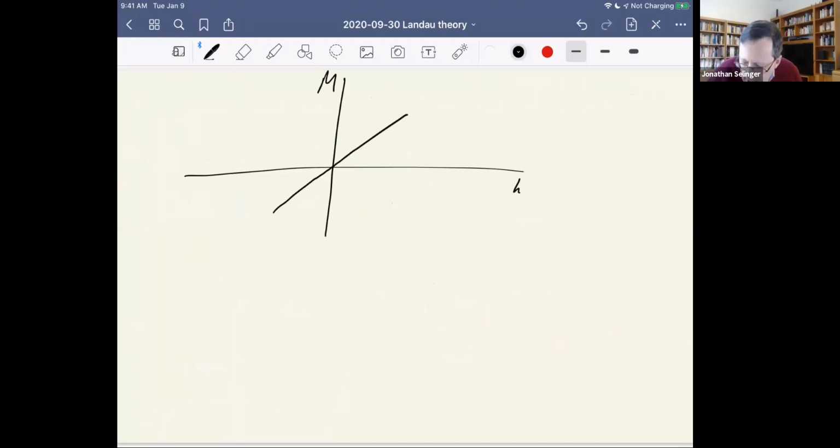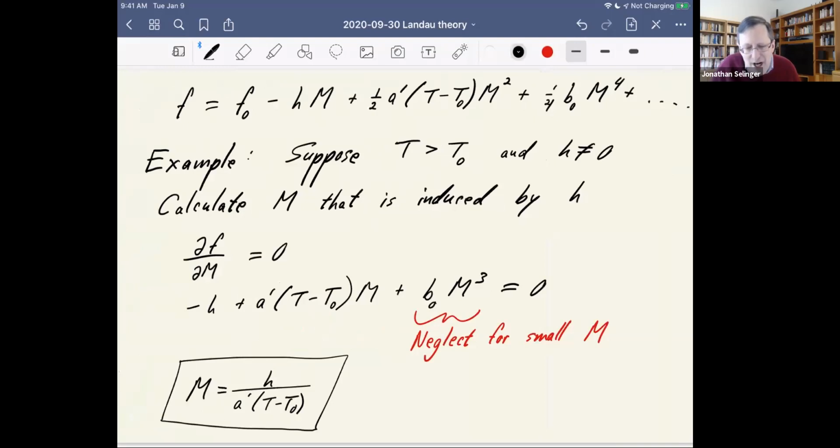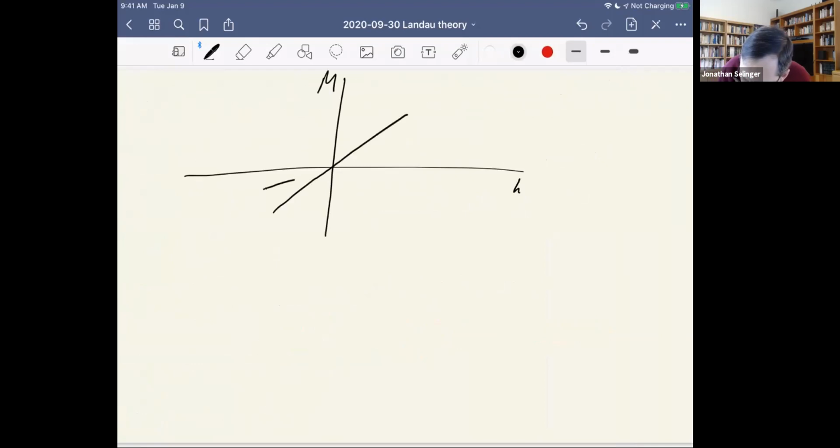So the slope is 1 over a'(T - T0). Okay? So at high temperature, the slope is really small. And then this is lower T, and then just above T0, we get a very high slope.